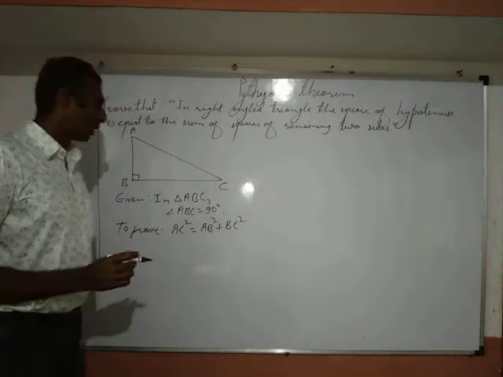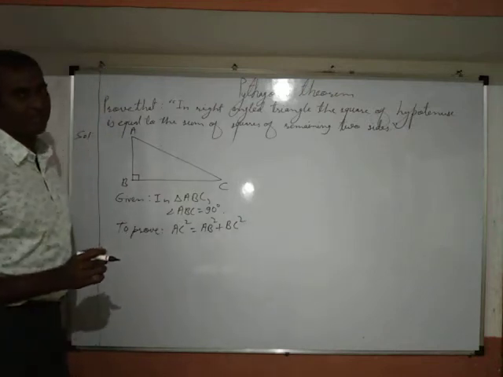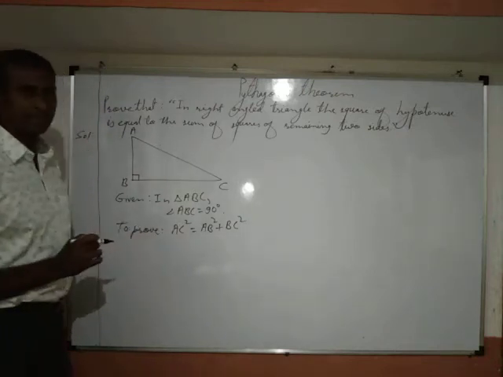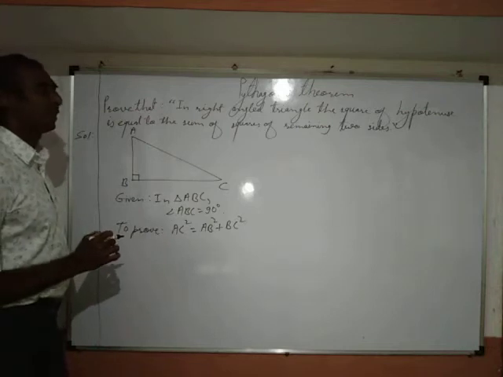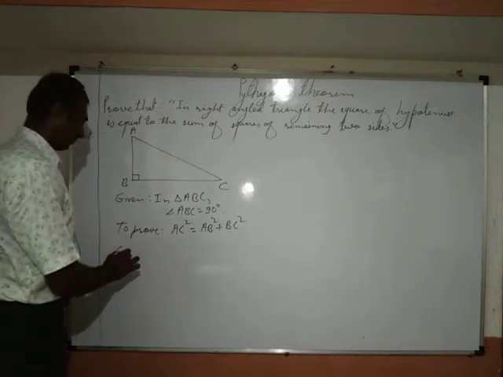Okay. Now to prove AC square equals AB square plus BC square, the given information is not sufficient. That's why we need construction.